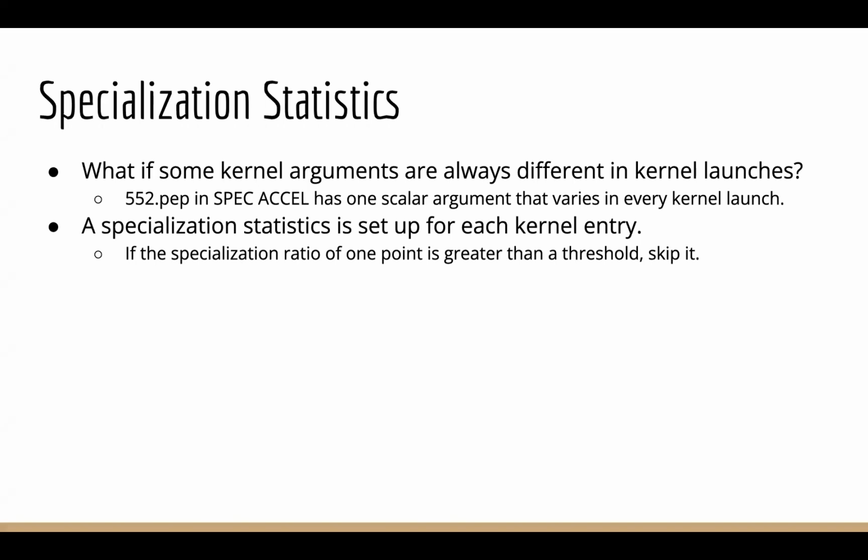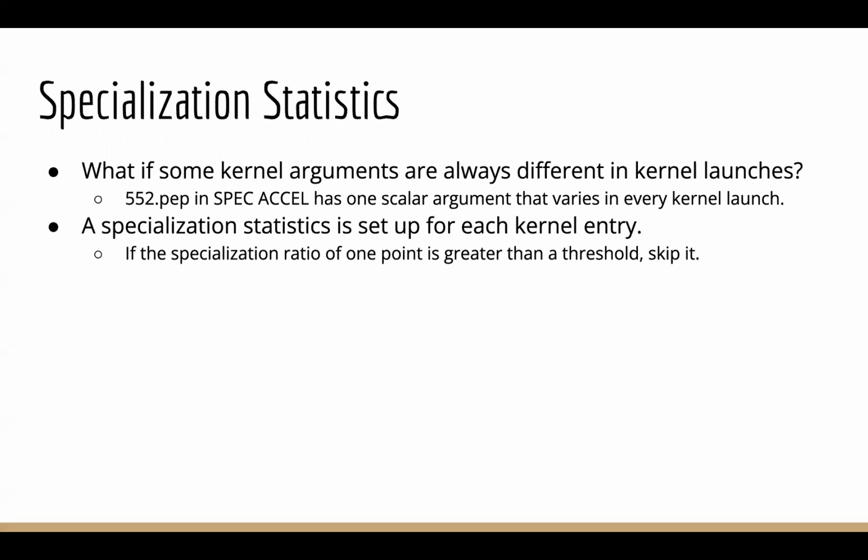So in order to deal with that, we add specialization statistics. A specialization statistic is set up for each kernel entry. Every time we specialize the kernel, we record that we specialized for this value, for that kernel argument, and how many times we specialized it, the count.